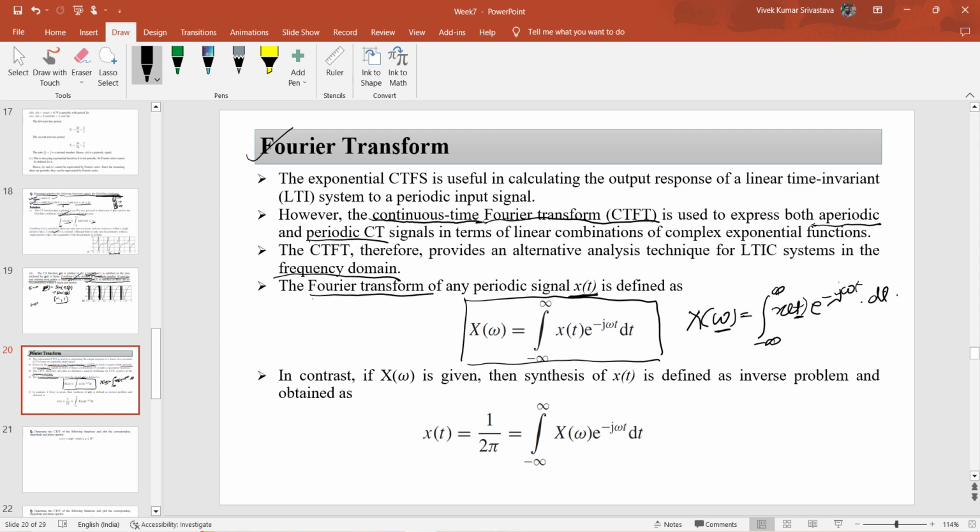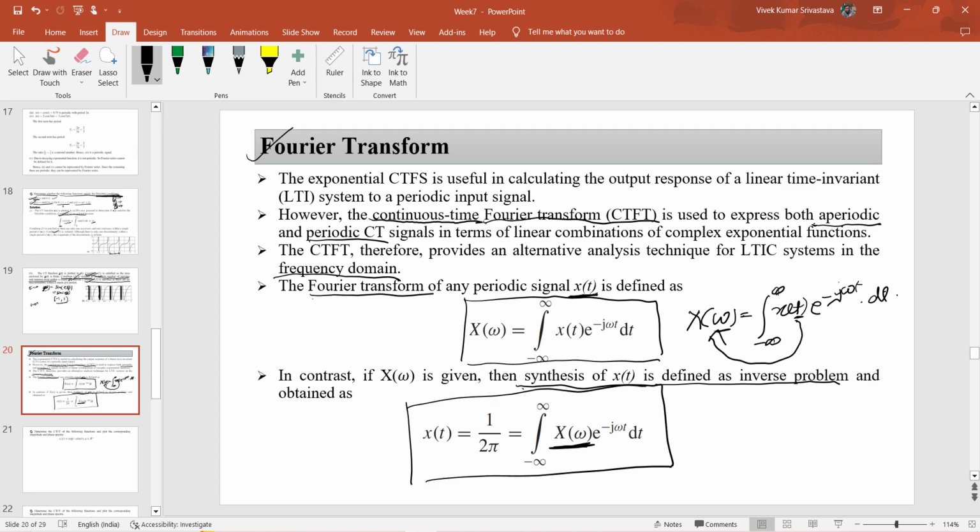So the Fourier transform enables us to transform a time domain signal into the corresponding frequency domain signal. We can also synthesize a signal by using the inverse problem: if X of omega, the frequency domain signal, is given to us, then by using this relationship we can easily evaluate the corresponding time domain signal.